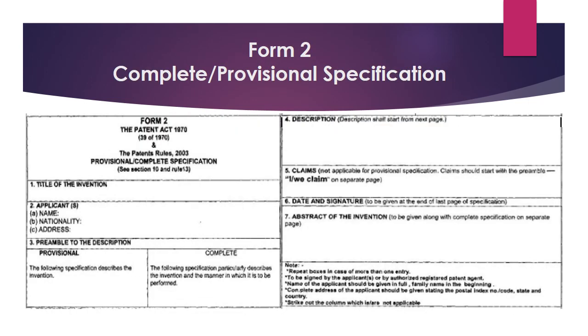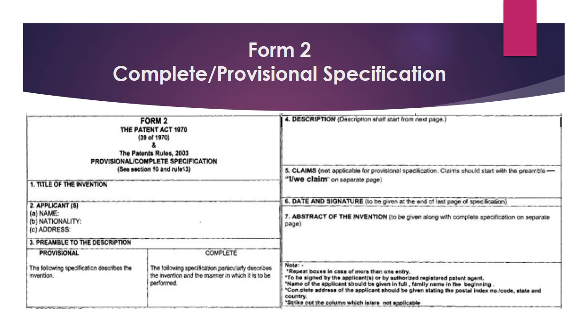The next is form 2, that is complete or provisional specification. This is the most important form of filing a patent application, because this is where you need professionalism, or professional drafting skills, to draft your application. Form 2 is nothing but the draft of your patent, the draft of your invention.